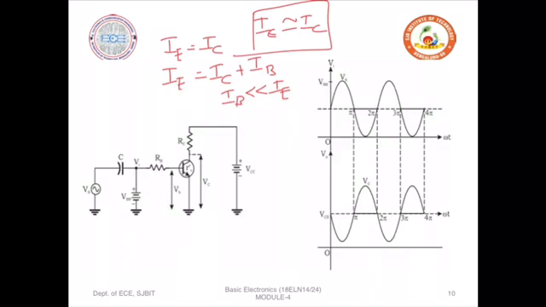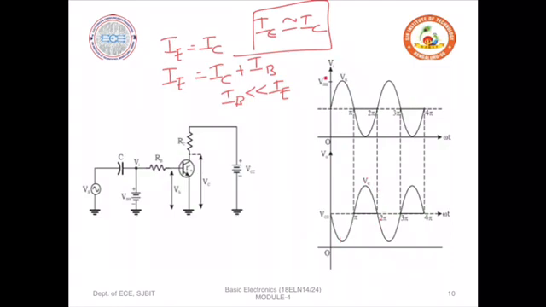Here the AC input voltage Vs produces an AC base current IB, which results in a much larger AC voltage across RC, which is amplified as well as inverted.